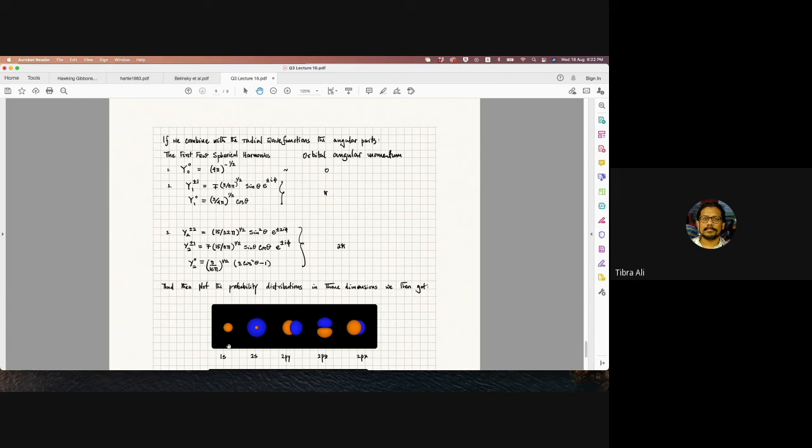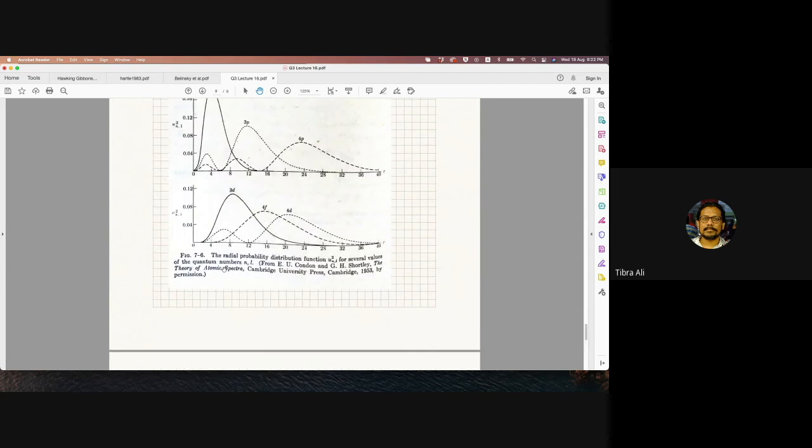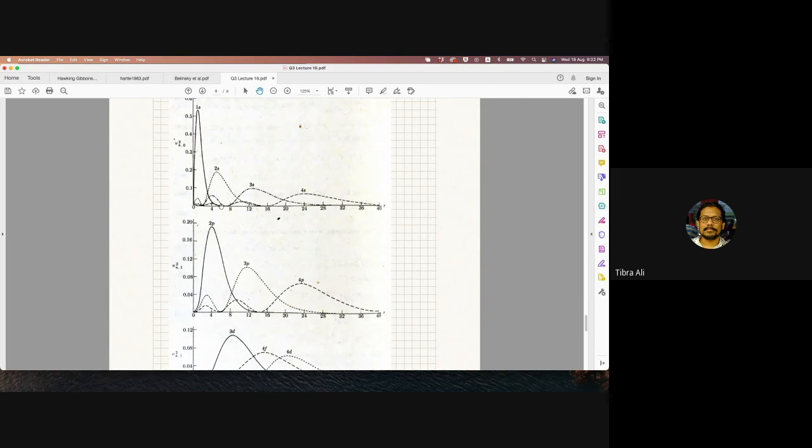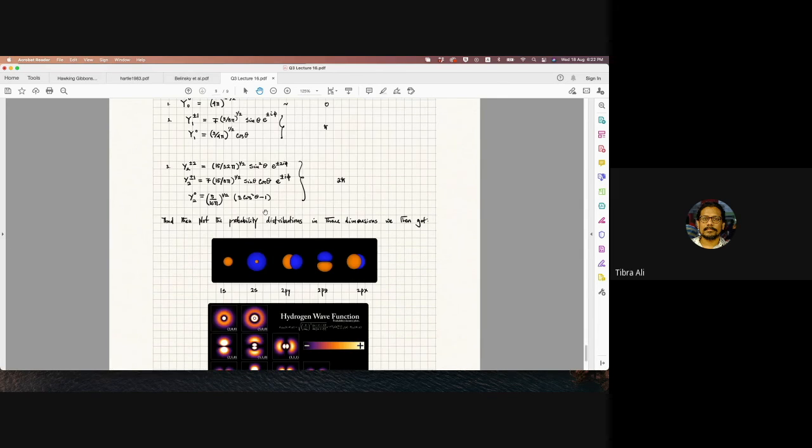So 1s is just a sphere, 2s is also two spheres. The two colors mean that they're two different maxima. So if I go back, you see the first one has one maximum, but the second one, 2s, has two maxima, right? Here is the smaller maximum, and here is the bigger maximum, and that is basically this picture. This is the smaller maximum, and the blue one is the bigger maximum.